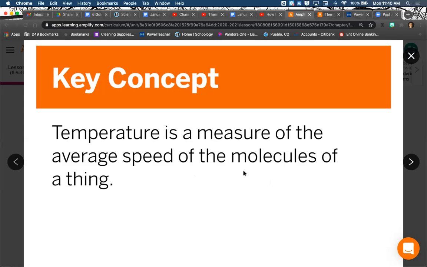They just hold energy. And the more energy they hold, the more they vibrate. The more energy you put into an object, a thing, the more you vibrate these molecules. And as they vibrate faster, it increases the temperature.